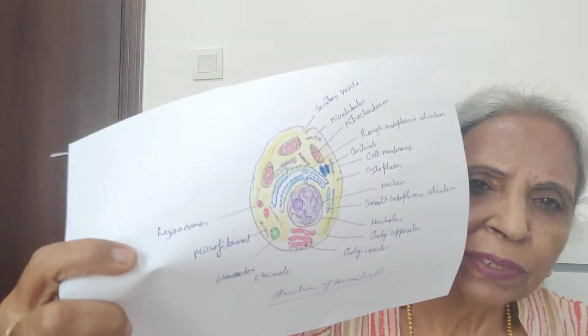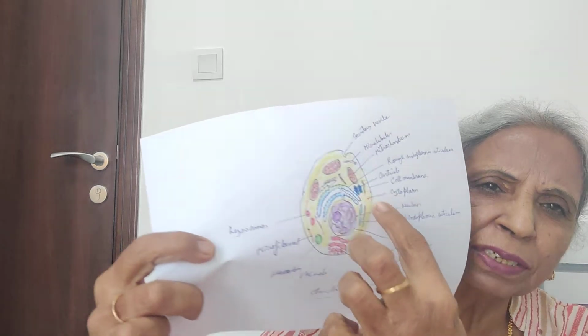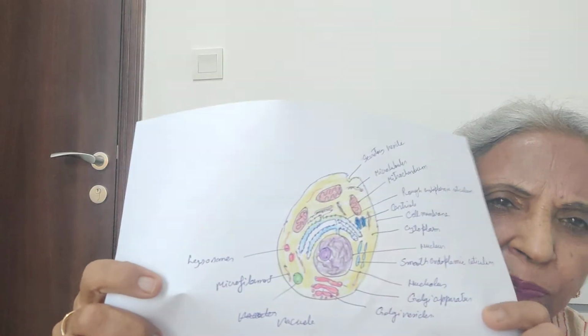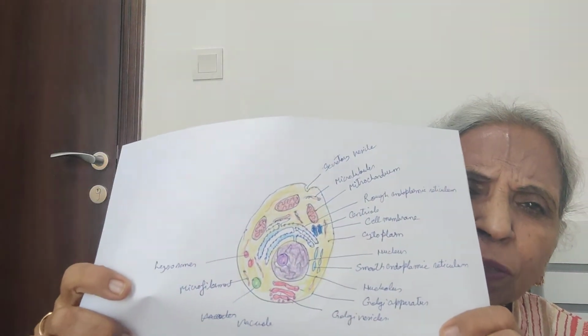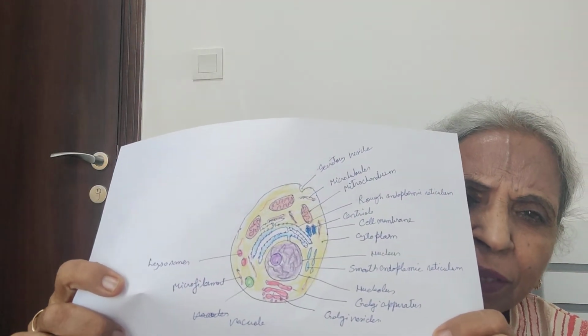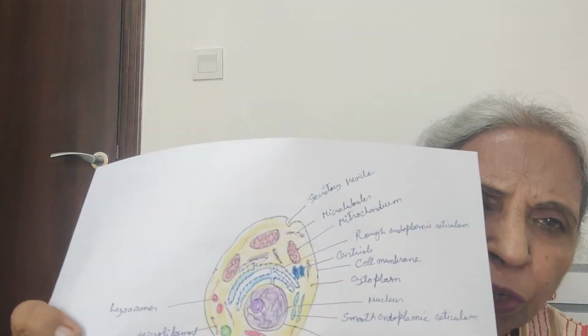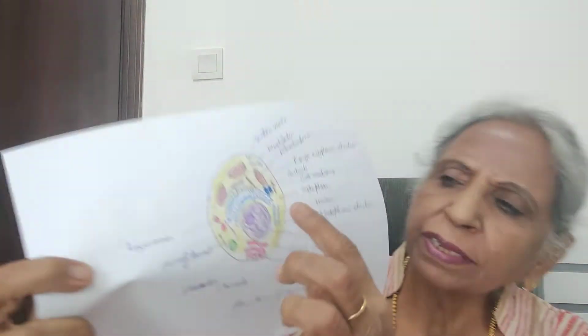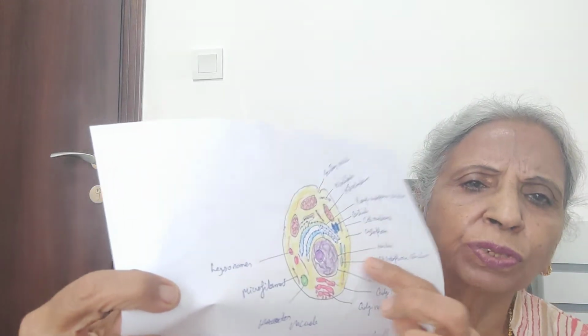So we will describe one by one all the subcellular organelles. First of all, we will do the endoplasmic reticulum. This blue structure, this one, is the endoplasmic reticulum. It is present near the nucleus, spread throughout the cytoplasm, and it is of two types. Rough endoplasmic reticulum, and this is rough, and smooth endoplasmic reticulum, this is smooth.